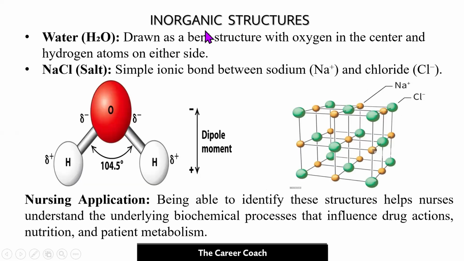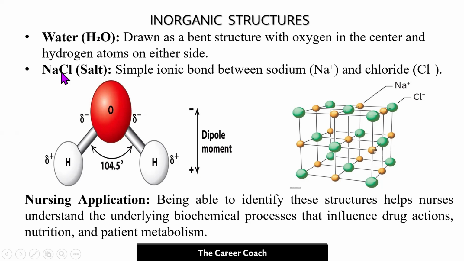Continuously, we'll also discuss some inorganic structures. Example is water. Water is drawn as a bent structure with oxygen in the center and hydrogen atoms on either side. As you can see, the angle between each hydrogen is 104.5 degrees, and we can see that it is polar, having a negative and a positive sign for oxygen and hydrogen respectively.